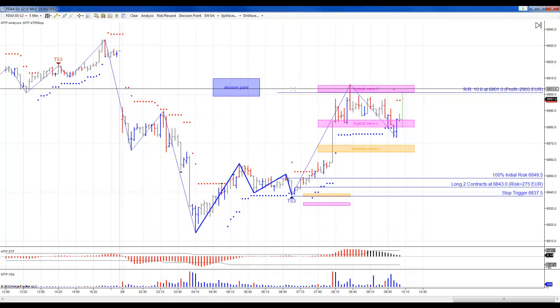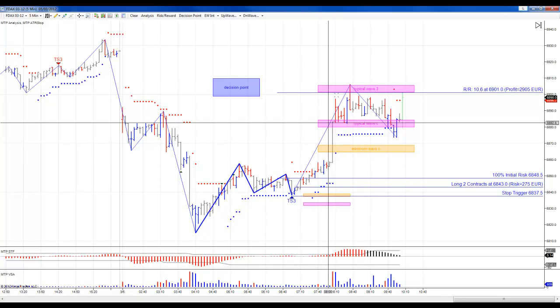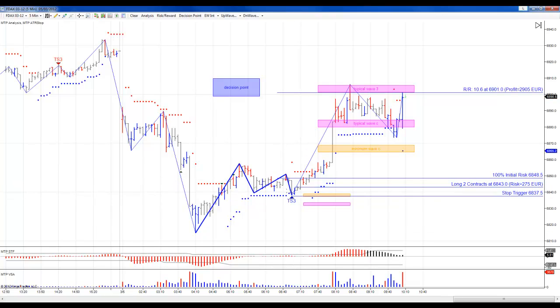And as you can see, coincidentally, it was also in the area of this typical wave 3 WPT. So this gave us 2 reasons why the market would go to this target, and as such gave you a reason on this particular setup again to adjust your risk reward from the first target up to the third target, which was the typical wave 3 WPT. And that in essence is our Holy Grail trade setup.